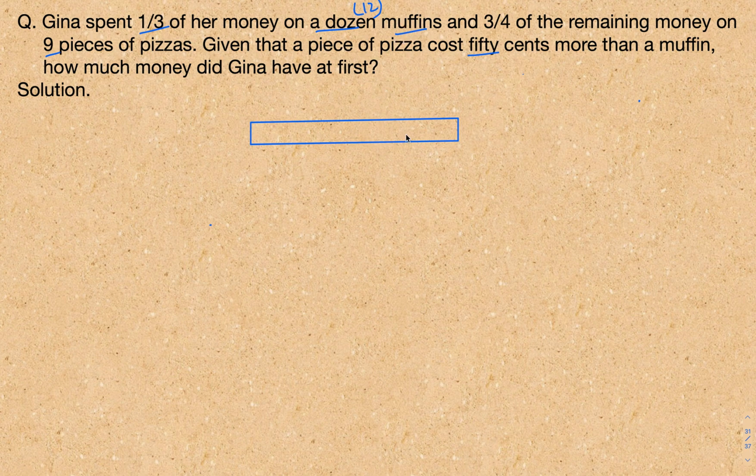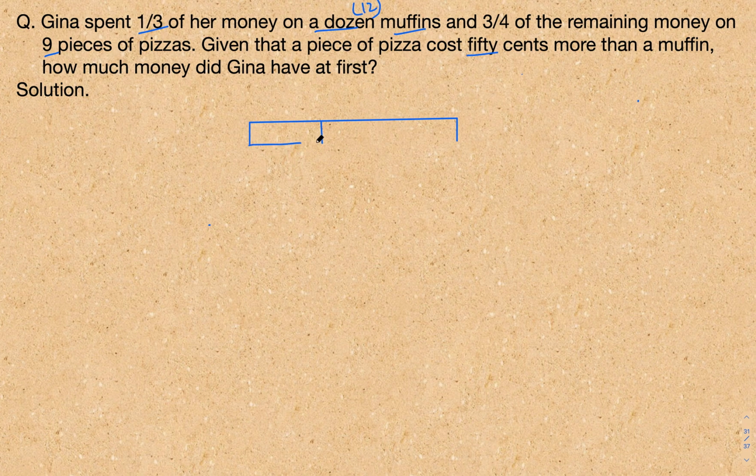So this bar we have to divide into how many parts? 3 parts, right? So let's say this is my one part and then these are my 2 other parts. It looks like it's not that even, so let's try to draw it again.